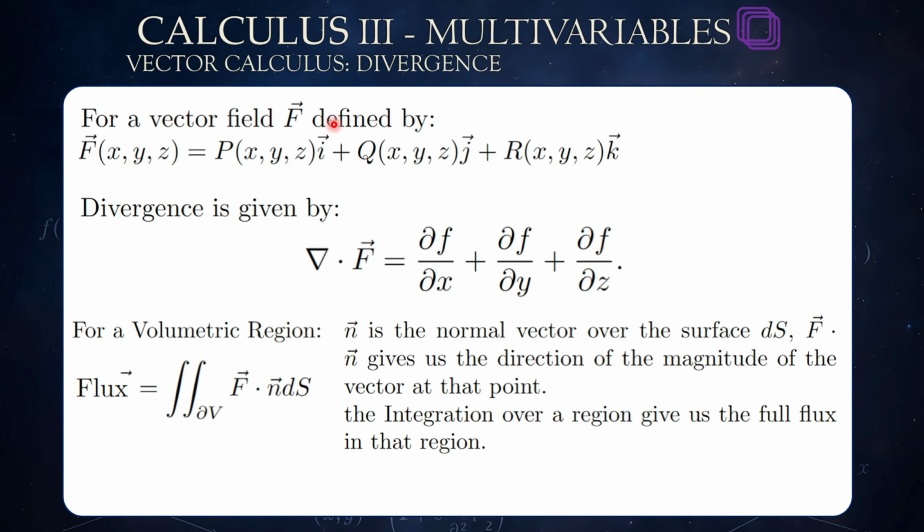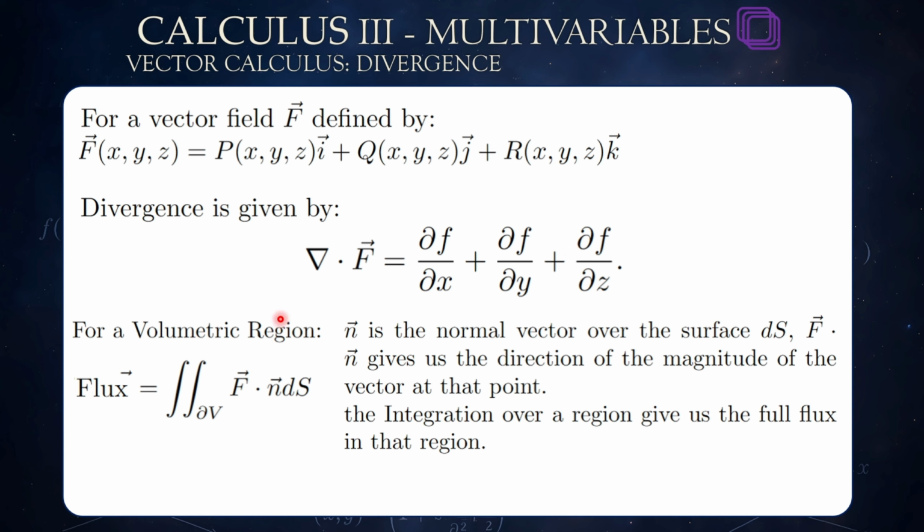For a vector field F defined by F(x,y,z) equal to P(x,y,z) i plus Q(x,y,z) j plus R(x,y,z) k, divergence is given by nabla dot F, equal to the derivative of P with respect to x plus the derivative of Q with respect to y plus the derivative of R with respect to z.